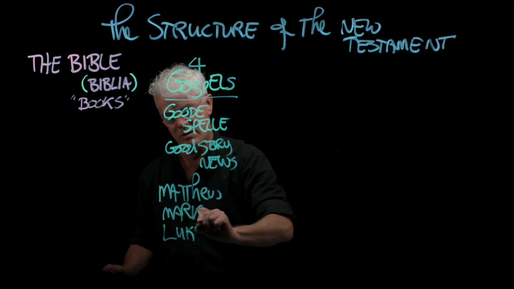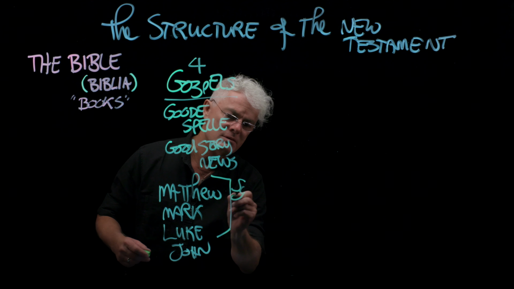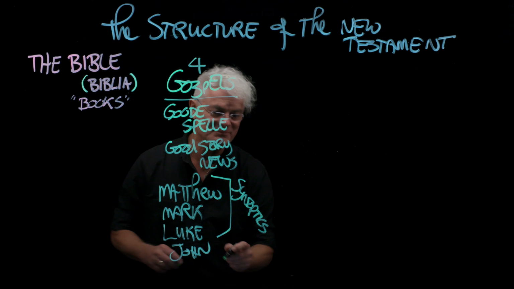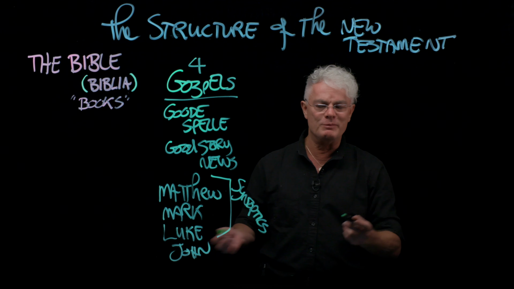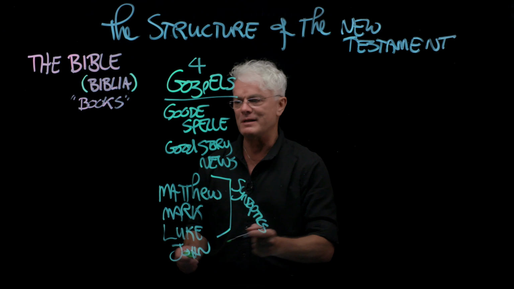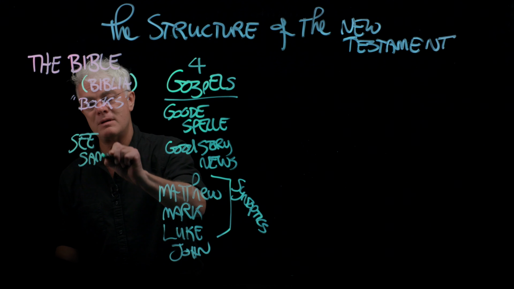Matthew, Mark, Luke, and John are broken down further into what's called the synoptics, and then John. Our textbook, Erdman, will explain more about this when we get to that particular chapter. Synoptics, see the same.